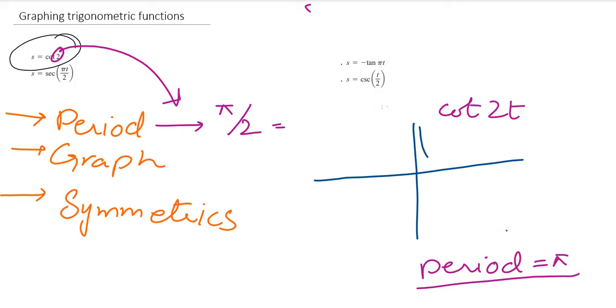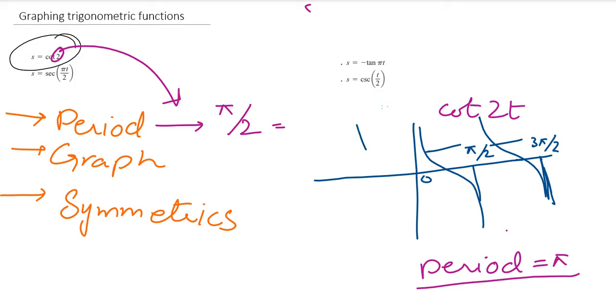Over here you can see that pi by 2 is the period. Again you can see that over here 3 pi by 2 will lie, because the period is pi by 2, so the difference between these two must be 90 degrees, or in radians pi by 2.